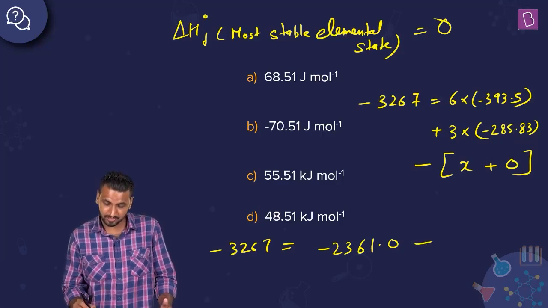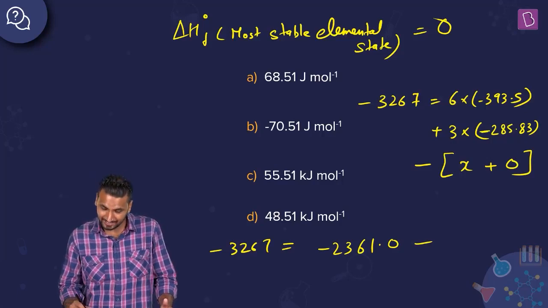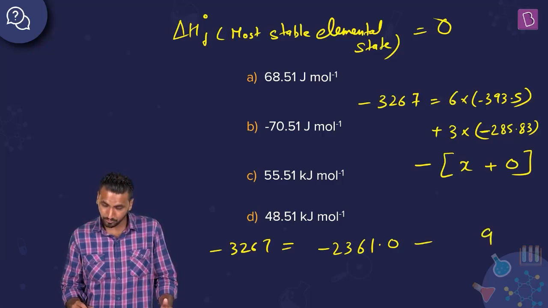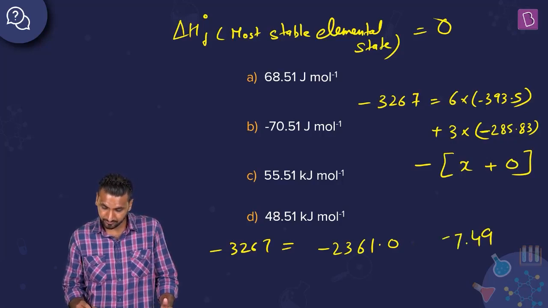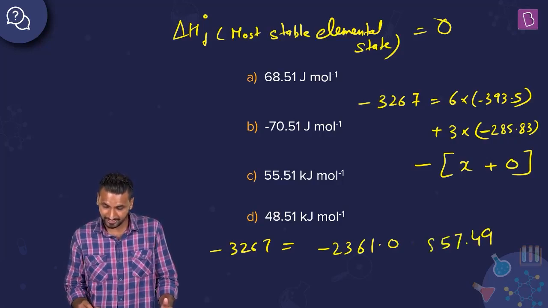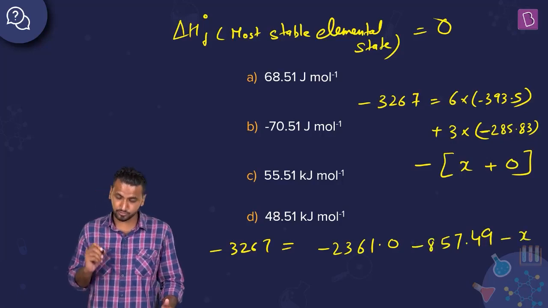Minus, let me take this minus sign out and multiply this with 3 and 285.83, minus X. We have to solve for this.